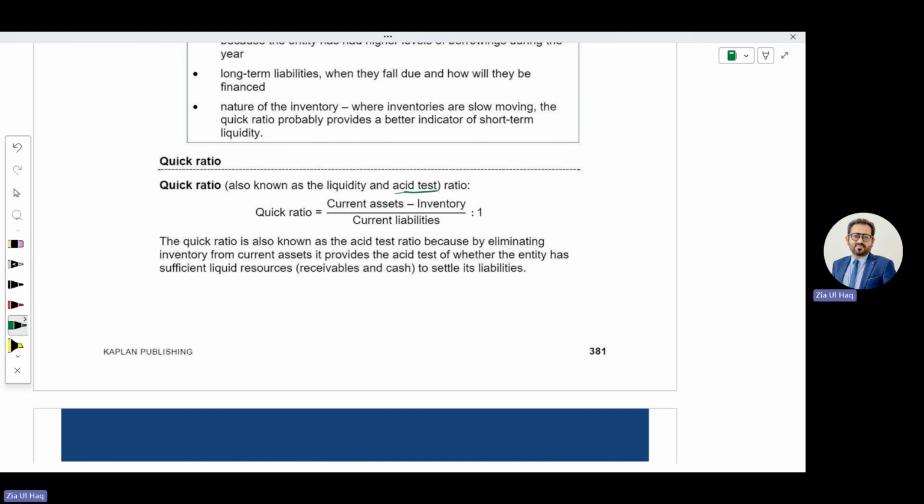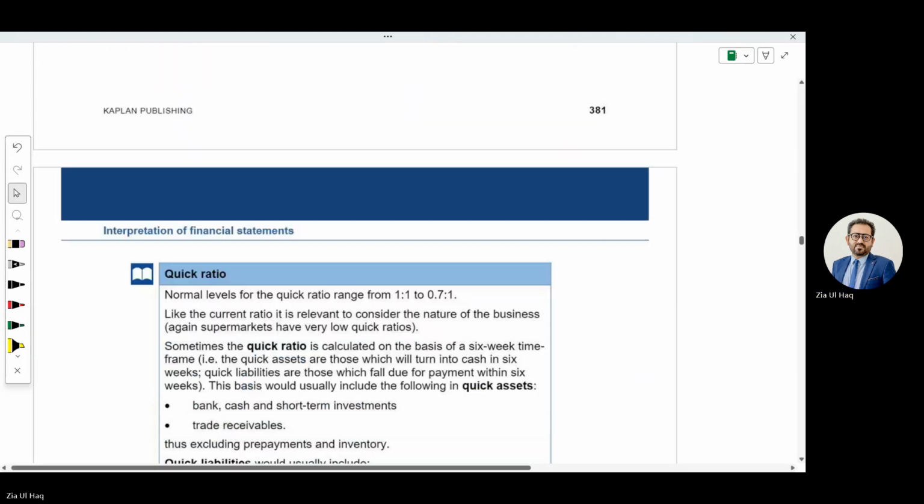The other assets like cash and receivables can be converted into cash quickly. From receivables, we receive cash. Cash in hand and cash in the bank is cash. So this shows how the company is managing its liquid assets. We will calculate quick ratio, also called acid test ratio. So two liquidity ratios we have learned: current ratio, current assets over current liabilities, and quick ratio, current assets minus inventory over current liabilities.